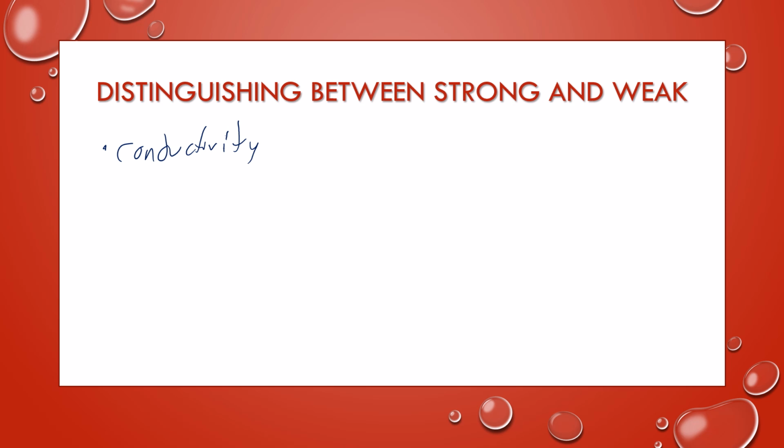You can also use rate of reaction. Because the strong acids and bases can dissociate completely, they're going to react at a faster rate because more ions are available right at the start, versus weak acids and bases, where you'll eventually be able to react them all, but it will take more time as they have to dissociate as you're using them up.